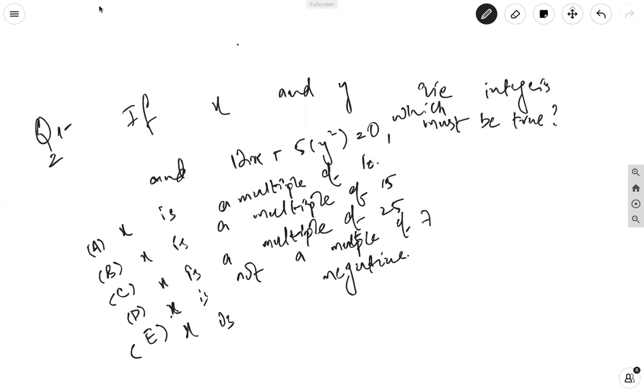Is it homework or will you give the answer now? Solve this right now.